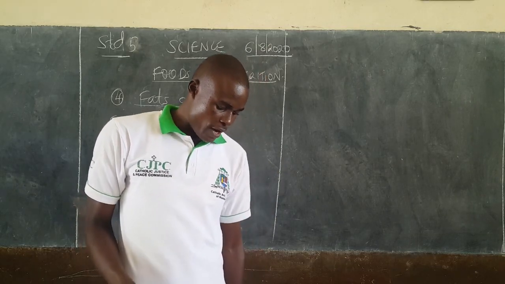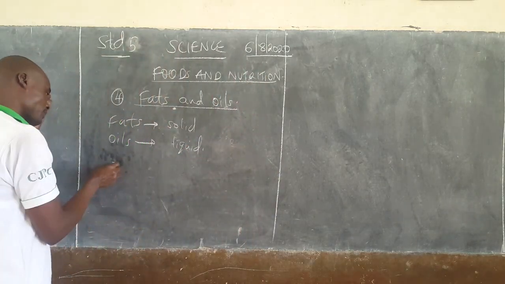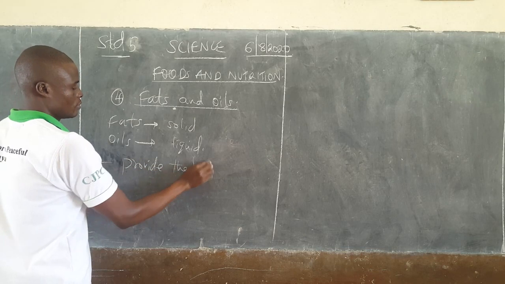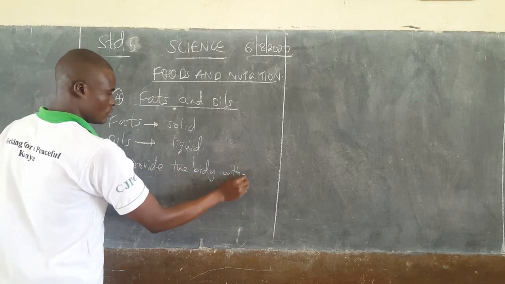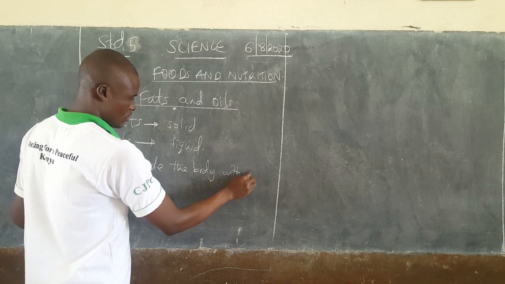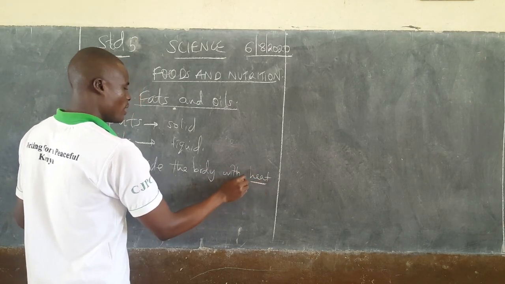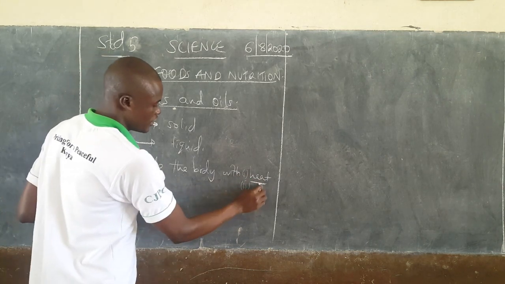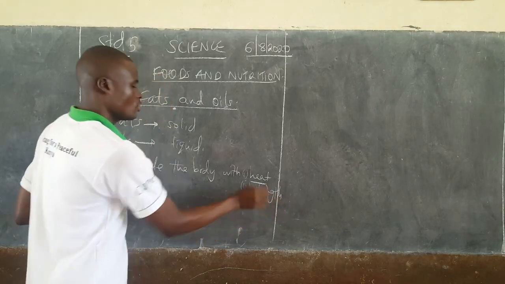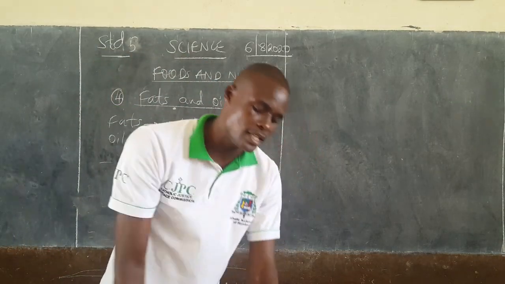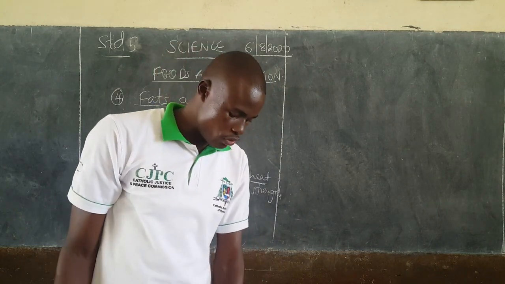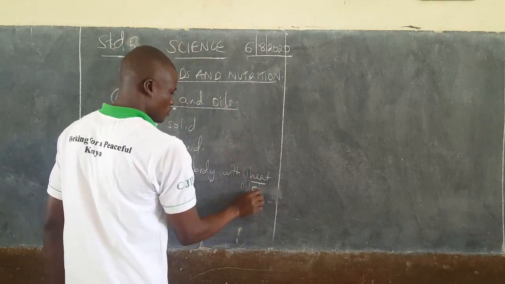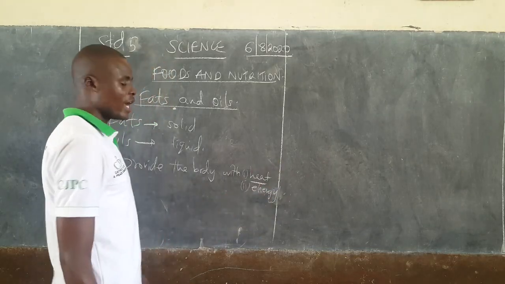The main function of fats and oils is to provide the body with energy and heat. That is number 1, heat. Then number 2, energy.